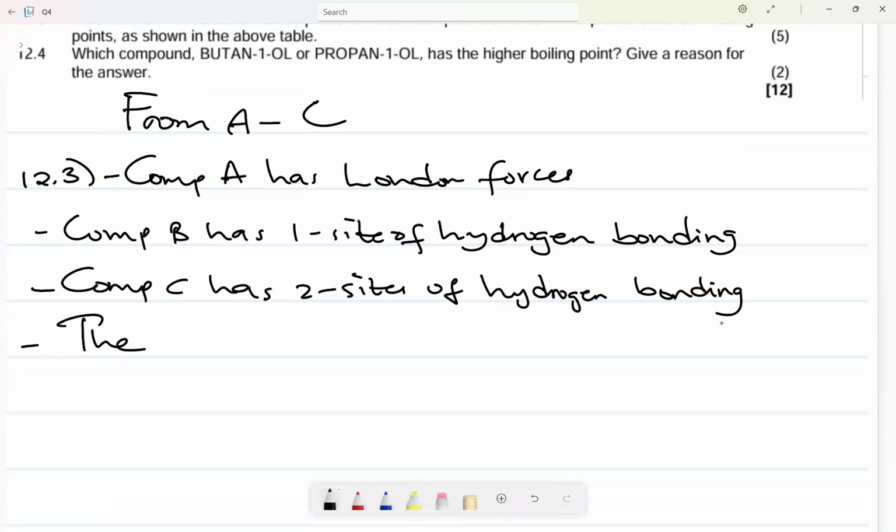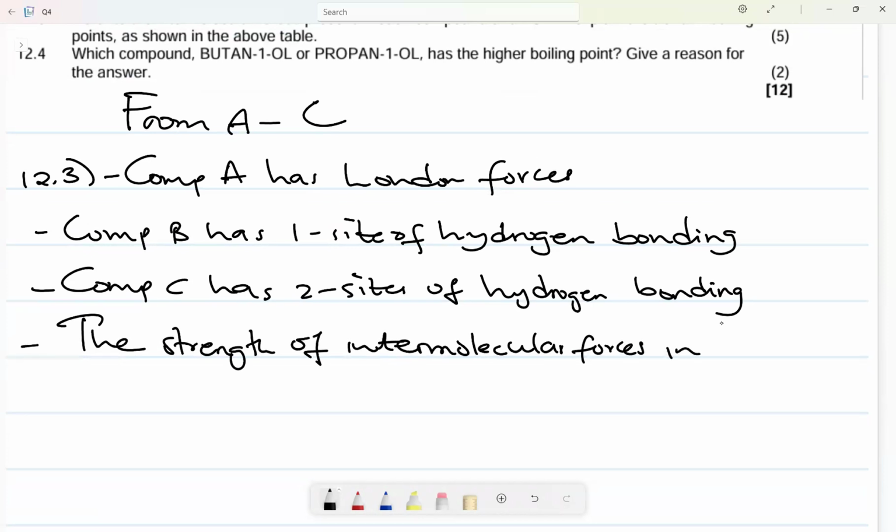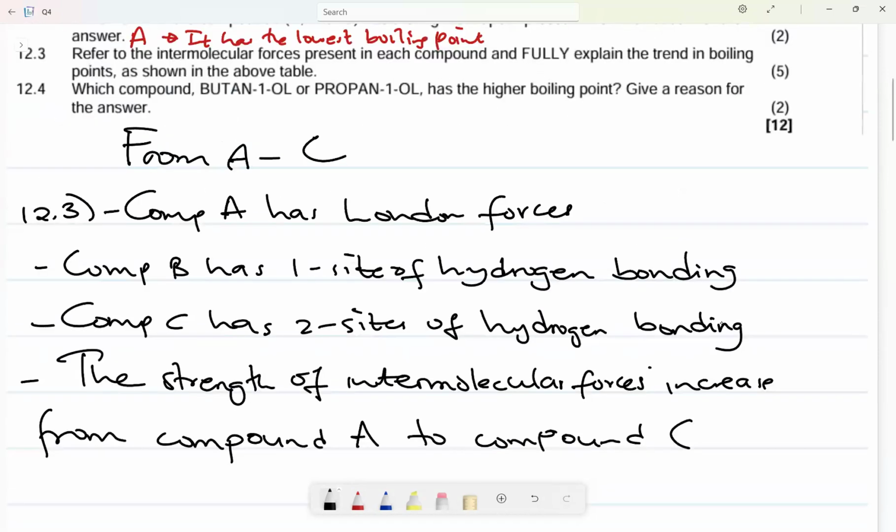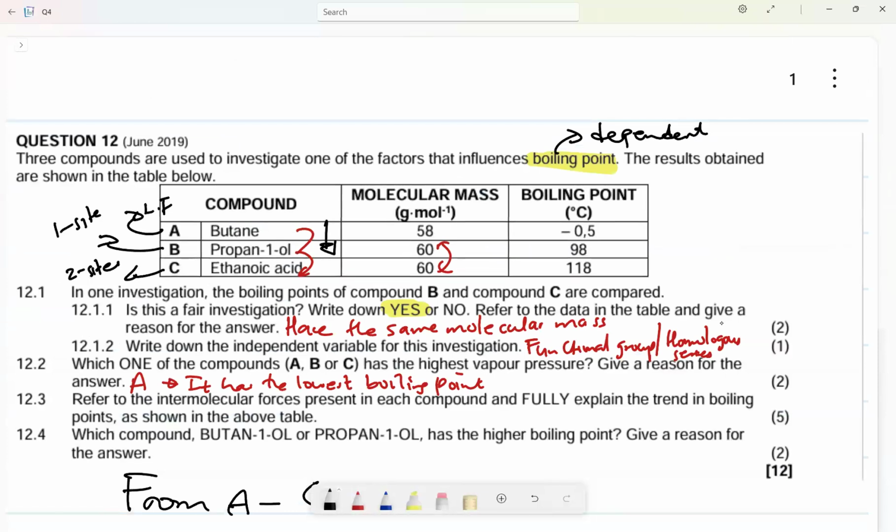The strength of intermolecular forces increases from compound A to compound C. Right? Why? Can you see? Now we are moving from London force to one side of hydrogen bond to two sides of hydrogen bond.